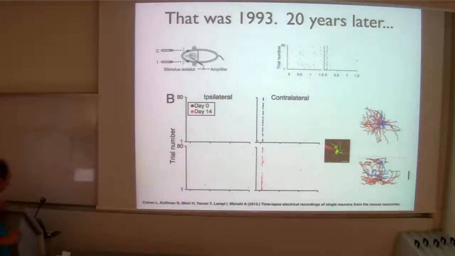Now, this is done with a pipette, with a glass electrode. And what is special about this glass electrode is that it doesn't contain only the usual solution that's used for recording, but also plasmids of DNA.